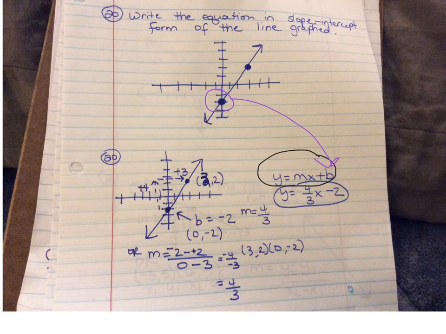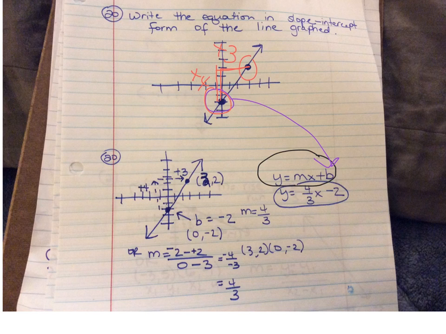So one way to do this problem is to count the slope. So I would go from here and I would rise, how far? Up 1, 2, 3, 4, so that's +4. And I would go right, how many? 3, so +3, so my slope is 4/3. Or, I know this point is (3, 2), and I know this point is (0, -2).